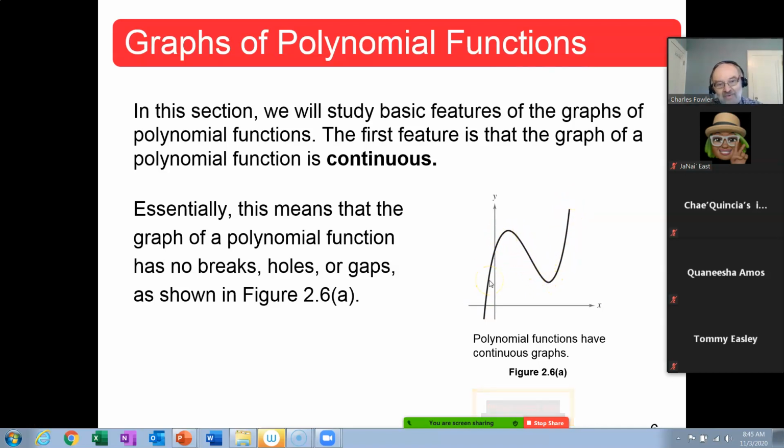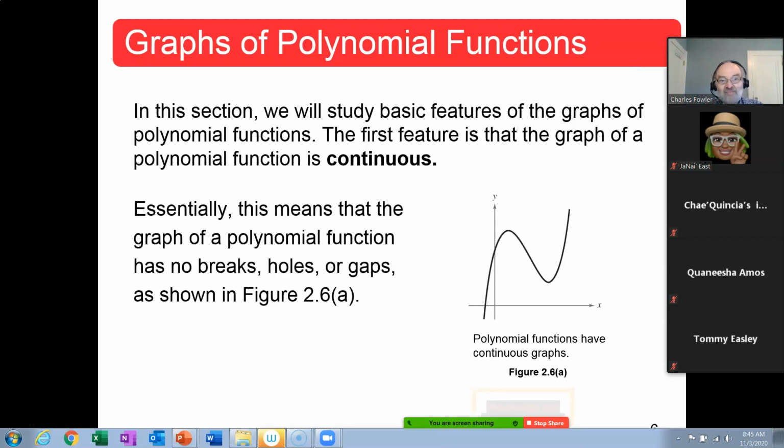To me, like peanut butter and jelly, I always say smooth and continuous. We're going to talk about the smoothness later, but this is the continuous part now. Essentially, that means that the graph of a polynomial function has no breaks, no holes, no gaps. Everything is continuous. No discontinuities at all.